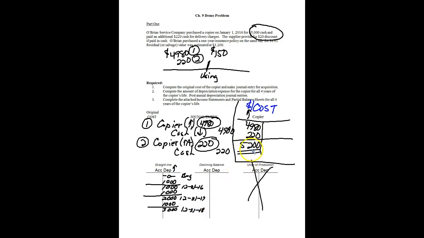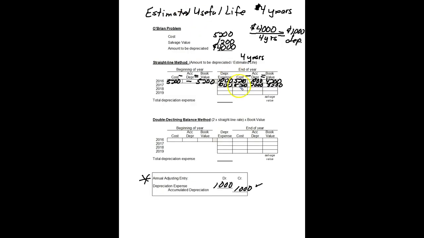So now on the balance sheet, we'll have cost of $5,200, accumulated depreciation of $3,000. So book value is $2,200 now. So that's what goes on the balance sheet. Again, we would have this entry, so depreciation expense is another $1,000 on the income statement.